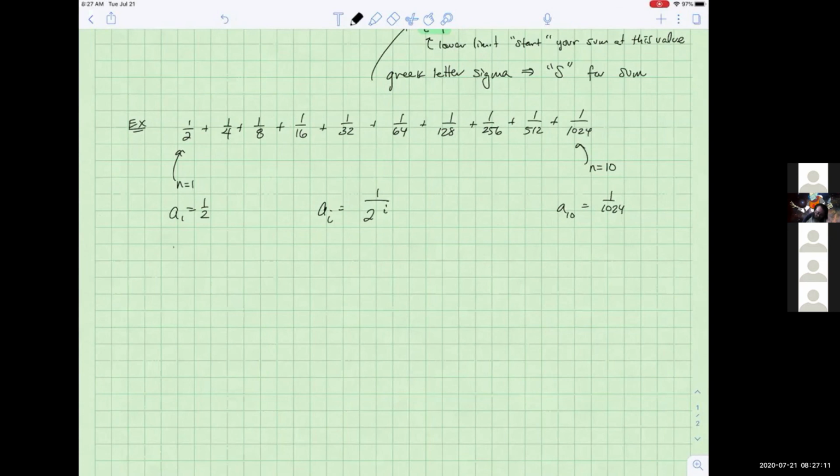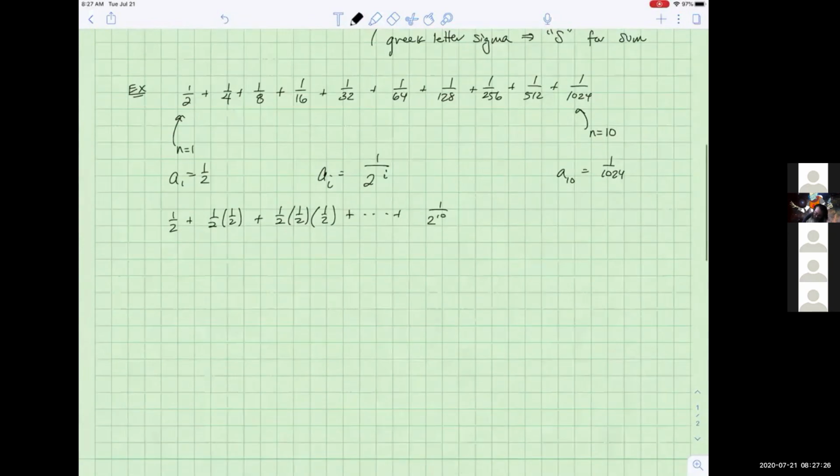That is to say it's 1/2 plus 1/2 times 1/2 plus 1/2 times 1/2 times 1/2 plus ... all the way up to 1 over 2 to the 10th power. And so this is our general ith term here.